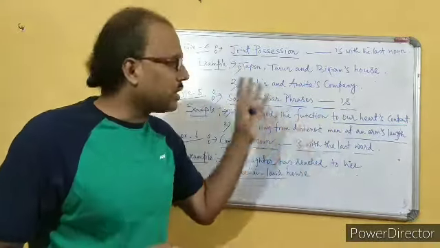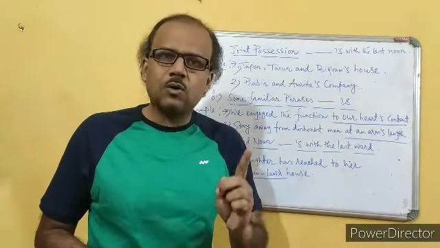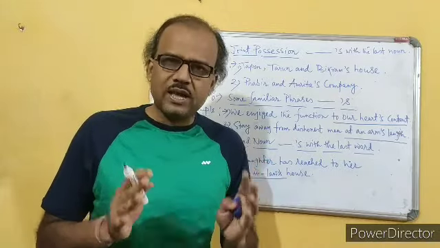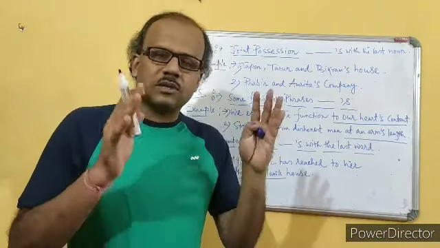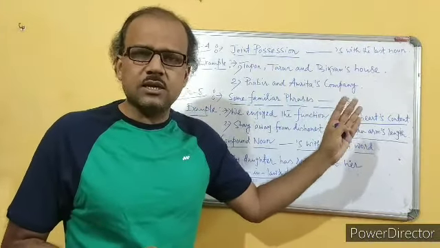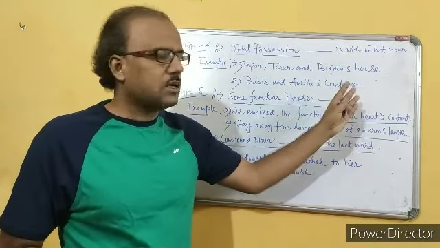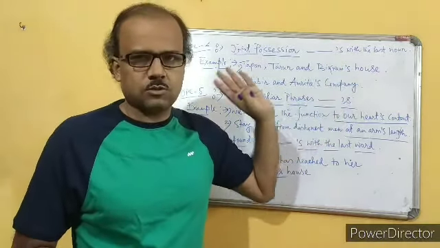But here we understand that it is one house of the 3 persons. So when it is one house of 3 persons, তখন শেষ যে নাউনটা রয়েছে, সেই নাউনের সাথে আমরা apostrophe বসাবো। ক্লিয়ার?